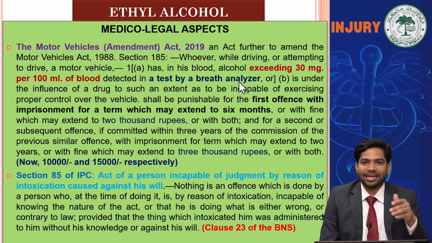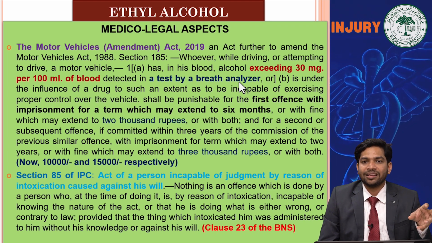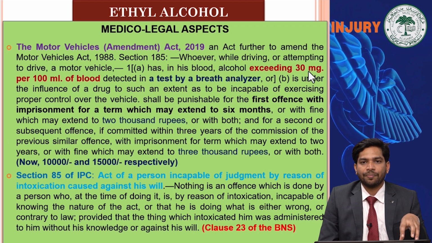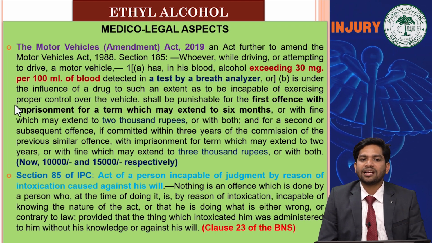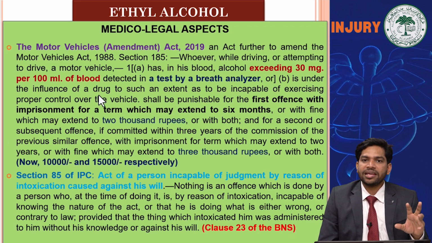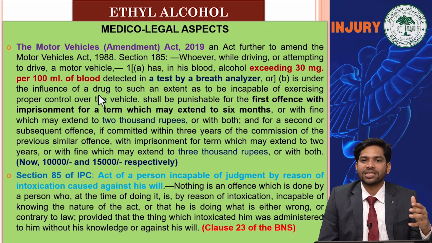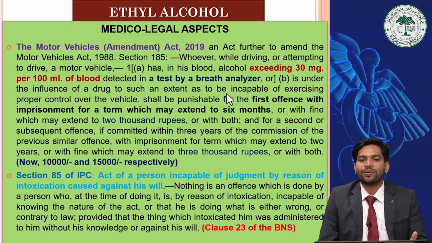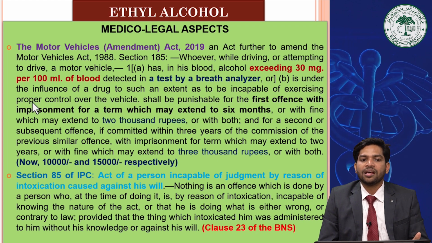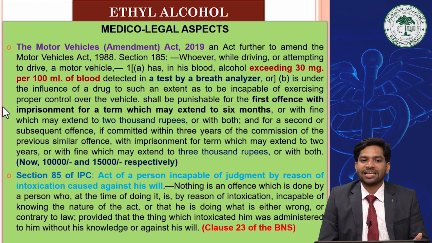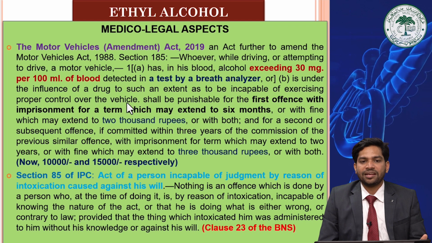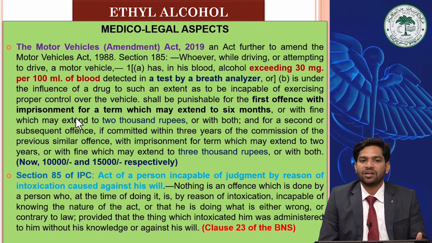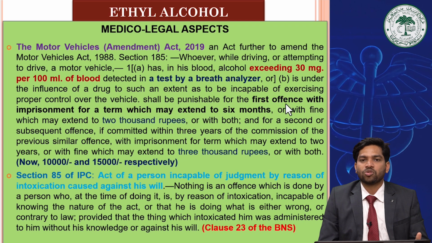If the police officer carrying the breath analyzer finds that your blood has more than 30 mg% of alcohol, or that you are under the influence of any other drug, including psychoactive substances, to such an extent as to be incapable of exercising proper control over the vehicle, you shall be punishable for the first offence with imprisonment for a term which may extend to 6 months.